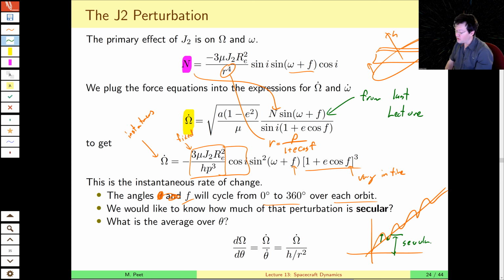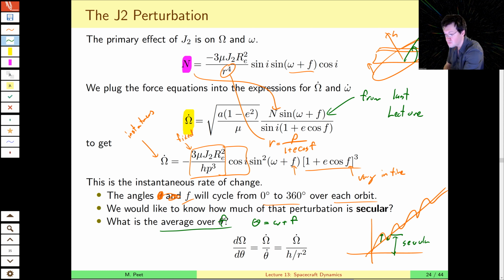Okay. And so how are we going to calculate that? Well, we're going to average this number over, well, f actually. So theta is omega plus f, and that measures how far you are from the equator. So if you remember, to calculate those, we look at the rate of change of omega as a function of angle.